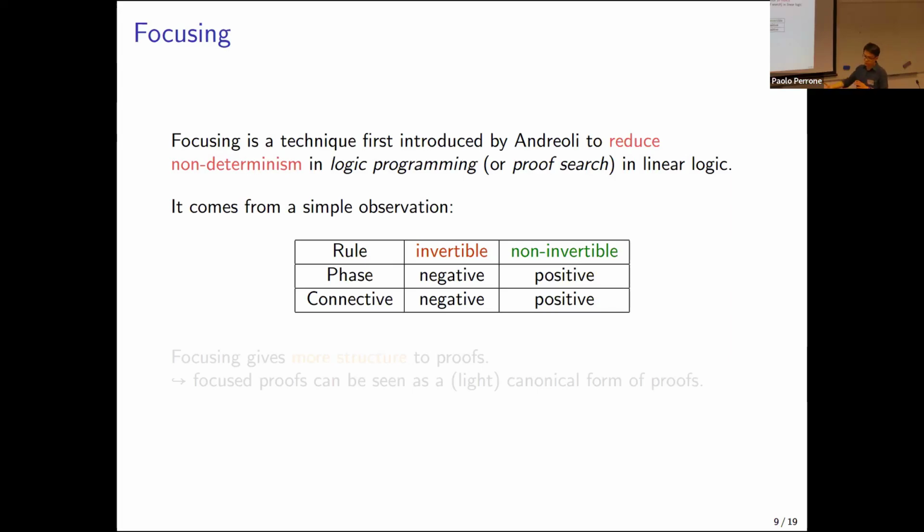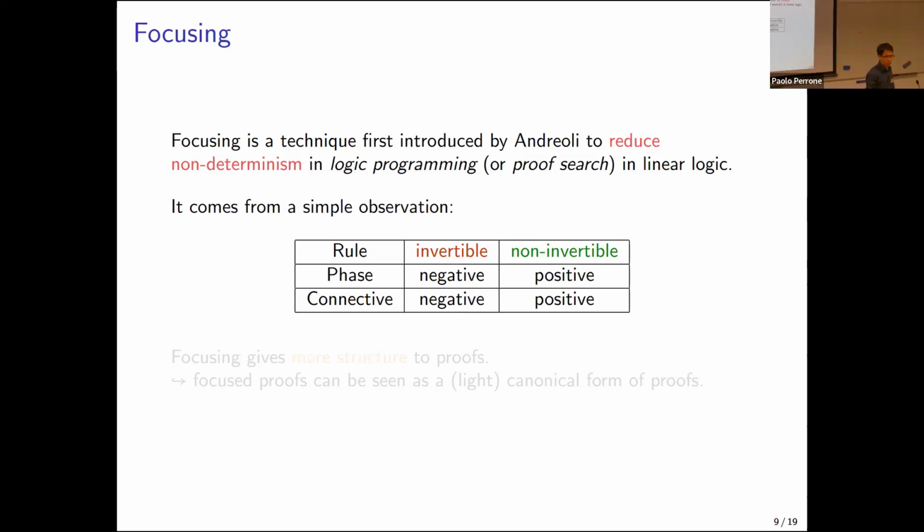When you do proof search in a proof system, you take a conclusion and look at all the rules that you can apply to reach it, and you keep doing the search backwards. The problem is that in many proof systems there are too many rules to apply, so your search space will be too big. The idea is that there are some rules you can always apply without losing provability. These rules are called invertible, and the other rules are called non-invertible.